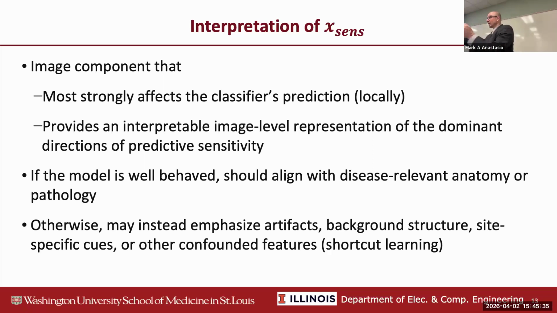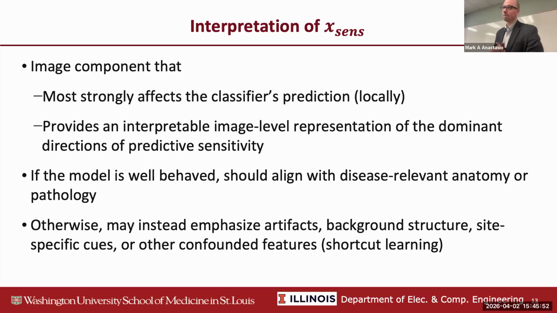You can perturb the image along those directions and the output distribution doesn't really change much. So this should provide an interpretable image-level representation of the dominant directions of predictive sensitivity.